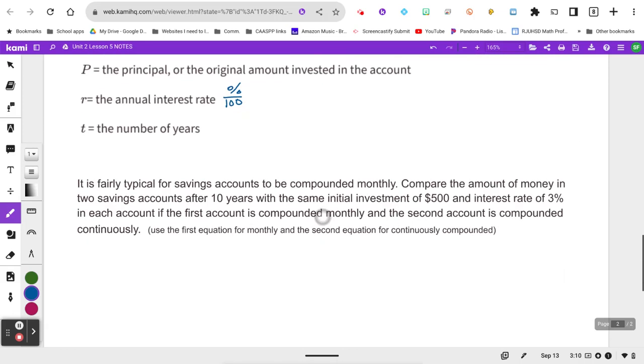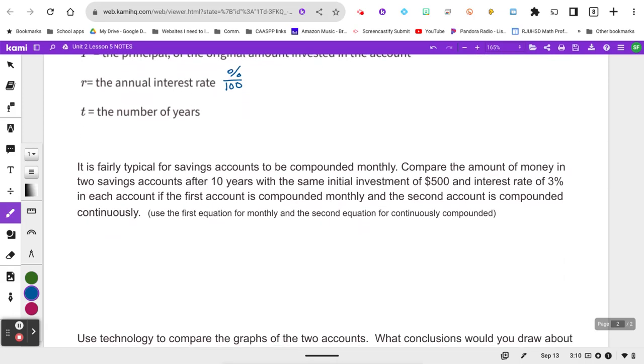Okay, the next thing is T. All right, so here we're going to do 2 different problems. It is fairly typical for savings accounts to be compounded monthly. Compare the amount of money in 2 savings accounts after 10 years. So we're doing 10 years with the same initial amount of $500.